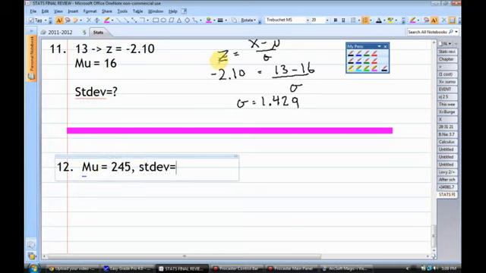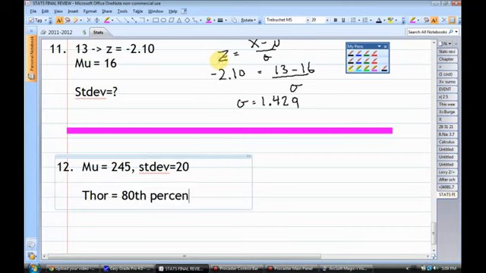Thor is the 80th percentile. So we want to know how much he weighs. Well, his z-score is 80%.